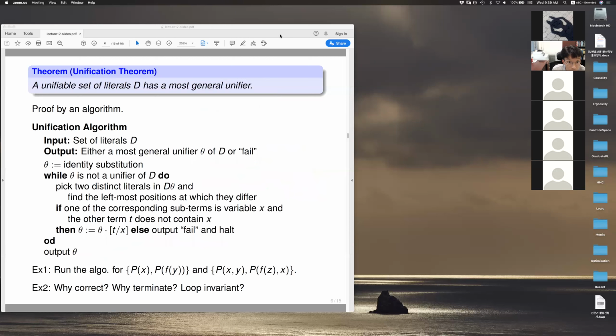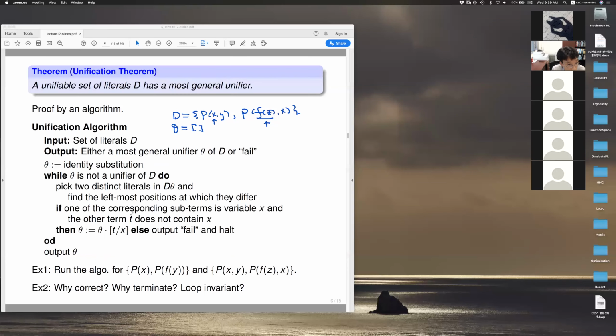For the second, our d is different: p of x comma y, and then p of f of z and x. Our substitution initially is an identity. It's blank. And when you apply the substitution, of course, this is not a unifier, so we get into the loop. If we go into the loop, then it identifies the places where the difference appears, which is, in one case we have x, the other case we have f of z.